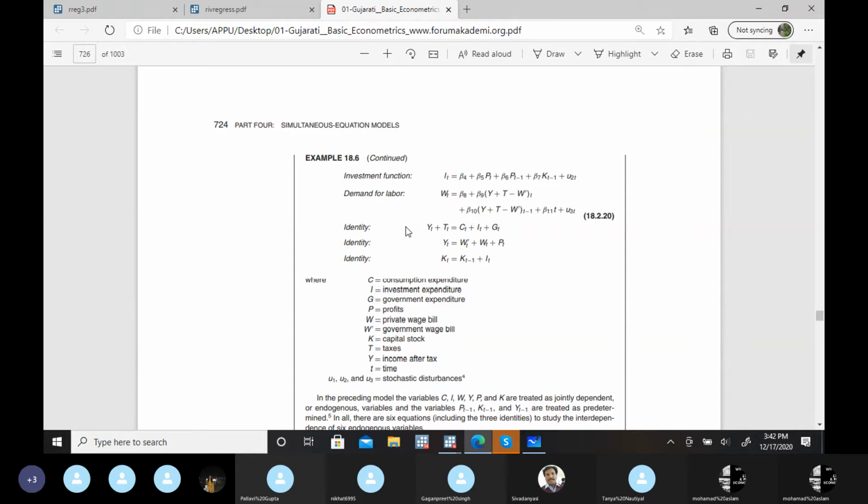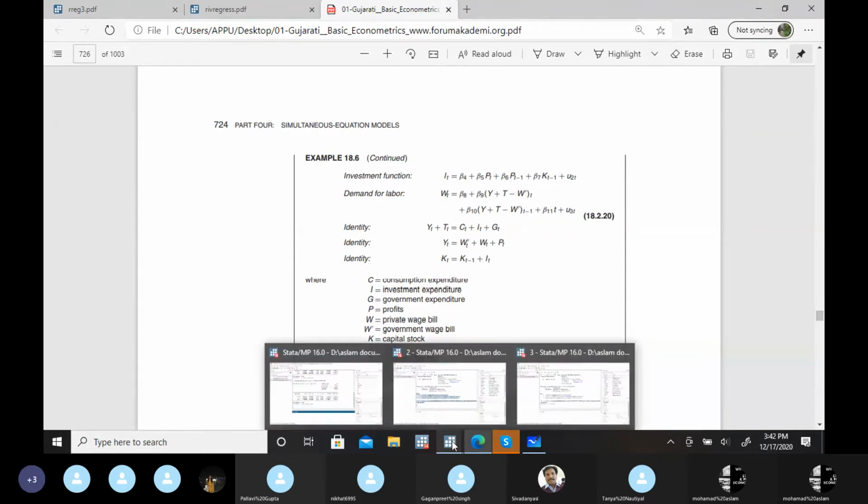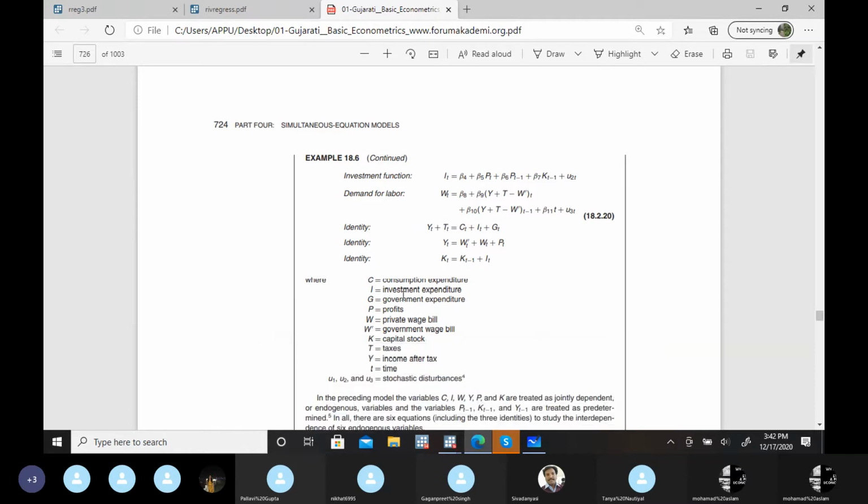If I run these equations in Stata with the reg3 command, we won't specify which of the variables are endogenous. Stata automatically takes into account which of these are endogenous. So specifically, these types of variables, whether endogenous or exogenous.